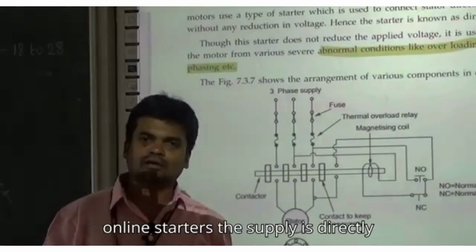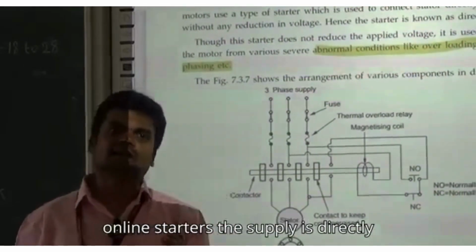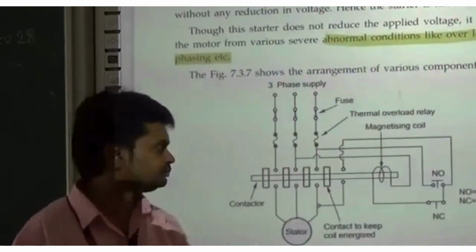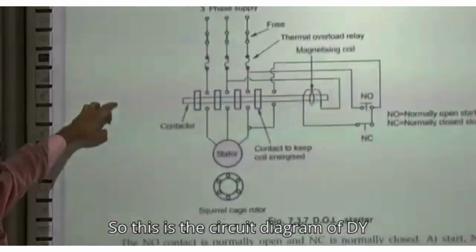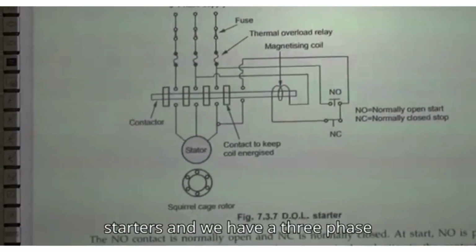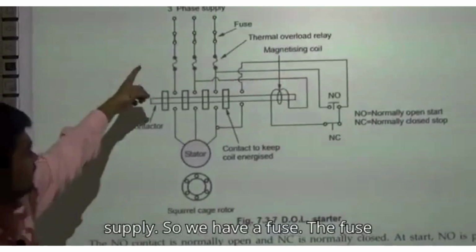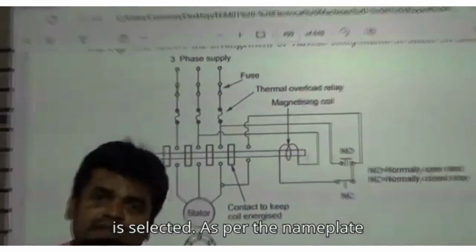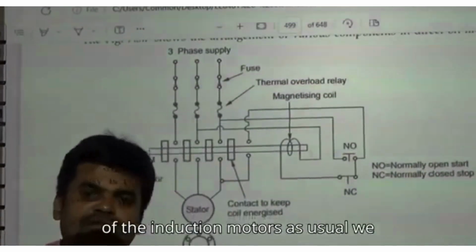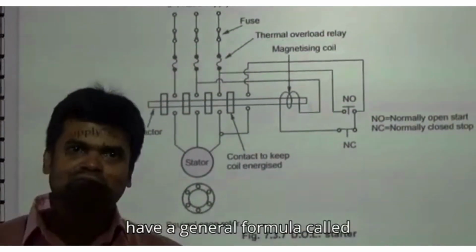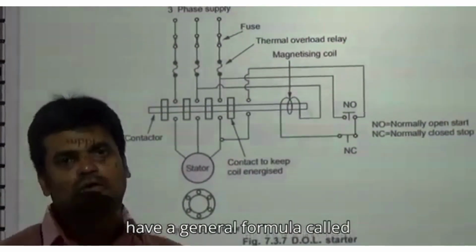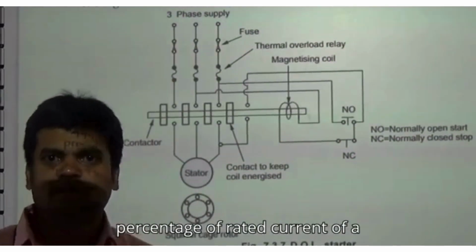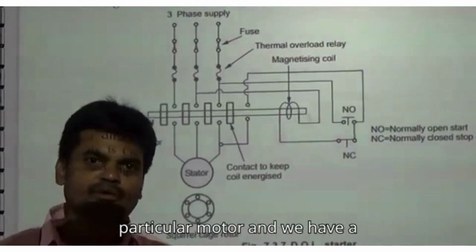So in the direct online starter, the supply is directly connected to the motor with the help of contactors and relays. This is the circuit diagram of the DOL starter, and we have a three-phase supply. We have a fuse. The fuse is selected as per the nameplate of the induction motor. As usual, we have a general formula for choosing the fuse rating: 110% of the rated current of the particular motor.